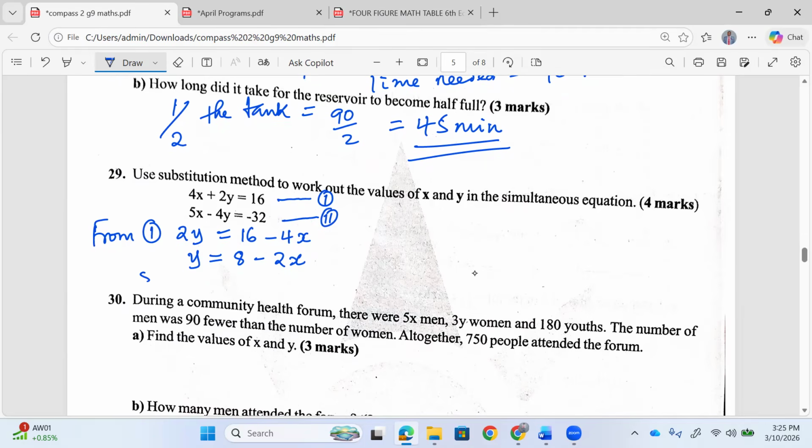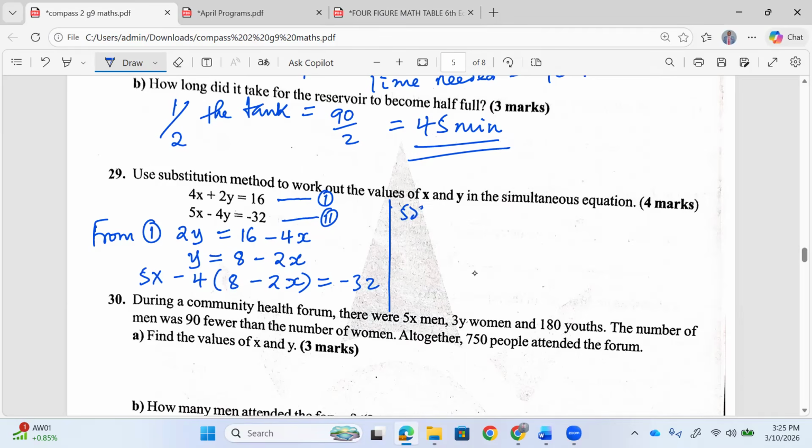Equation 2 becomes 5x minus 4, and instead of y, we now substitute with what we expressed from equation 1. I hope we are together now in that step. You first express, then you replace in the other equation. If we have expressed y from equation 1, we replace y in equation 2. So that's why now I've expressed equation 2.